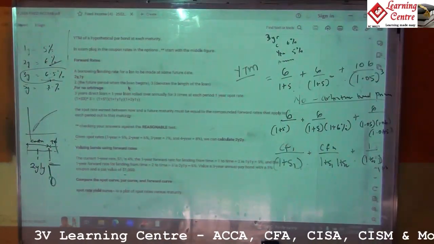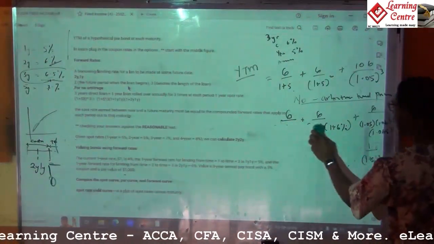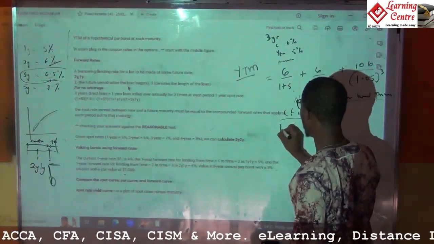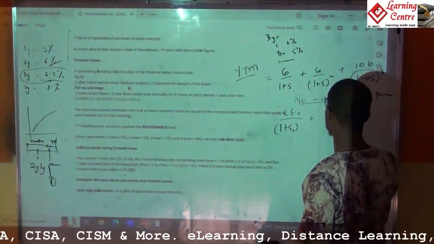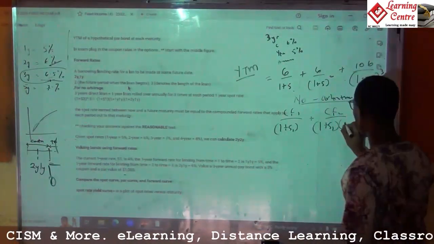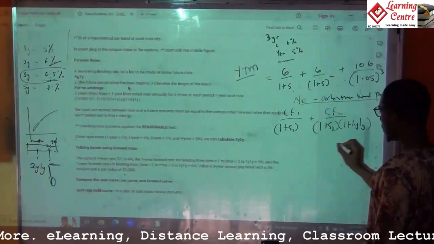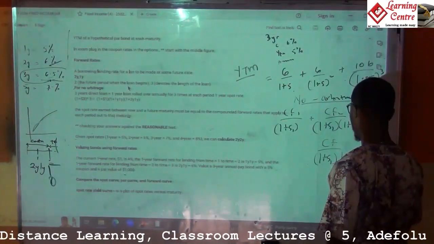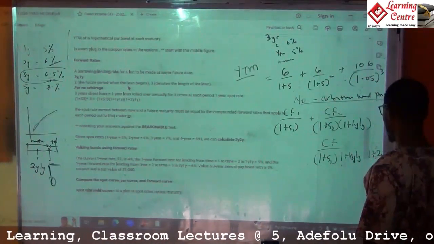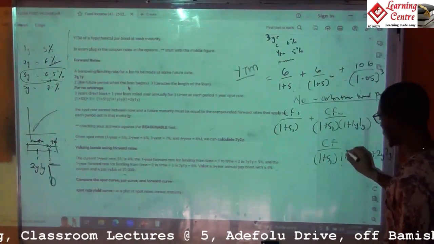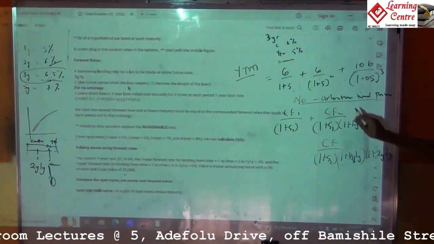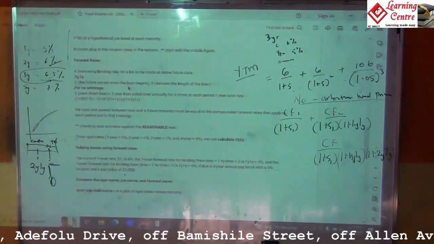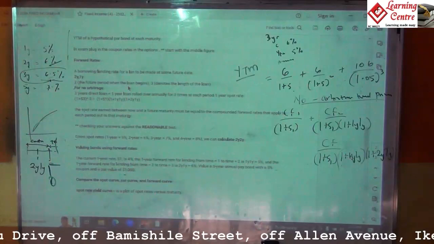What should be here are our forward rates, not the spot rates. So the notation is cash flow 1 over (1 + S1) plus cash flow 2 over (1 + S1)(1 + 1y1y), then cash flow 3 over (1 + S1)(1 + 1y1y)(1 + 2y1y). This is our no-arbitrage pricing. It is the same thing, right?